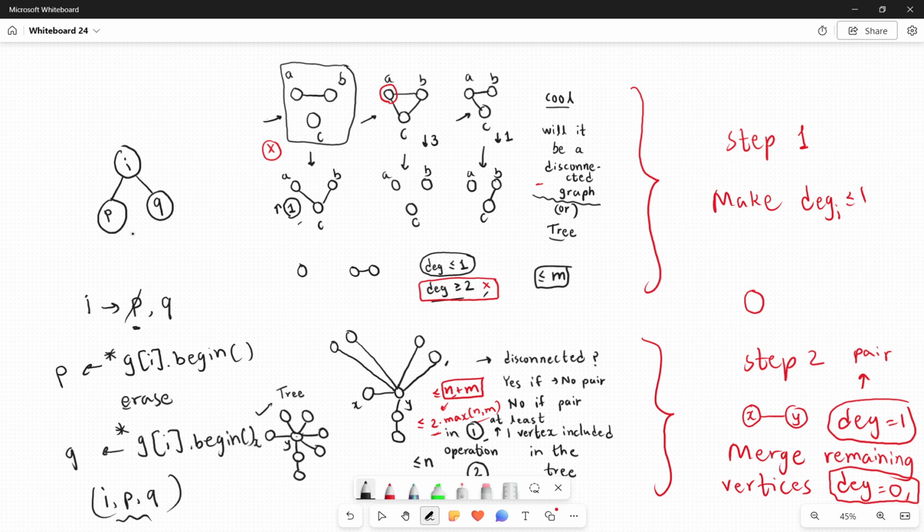One more step: if there happens to exist an edge from p to q, we have to remove it, and if there is no edge, then we have to insert that edge.